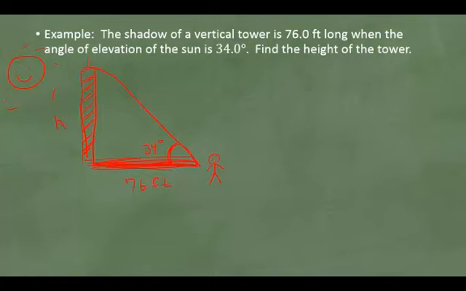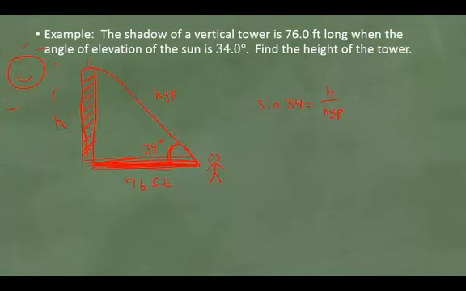Well, we can try sine of 34 and see if that would help. Sine of 34 would be h over the hypotenuse, but we don't know the hypotenuse.